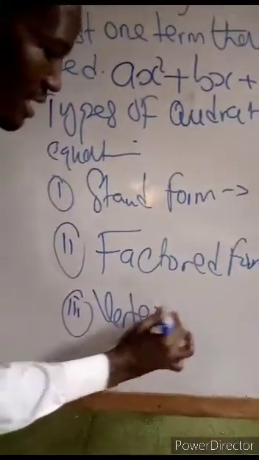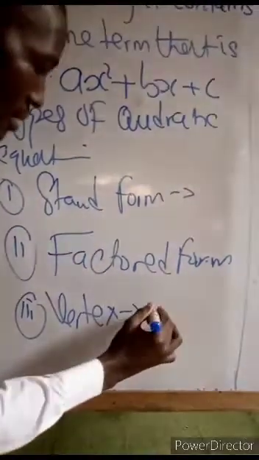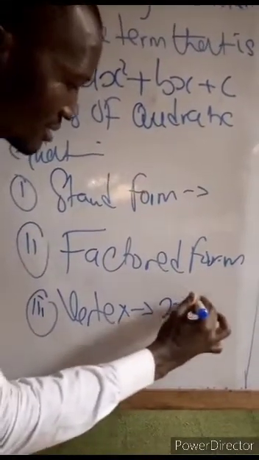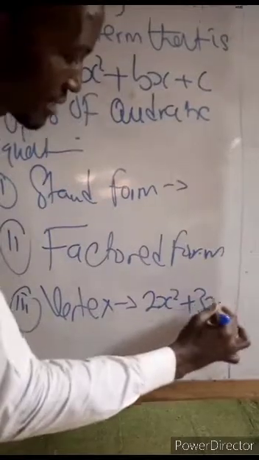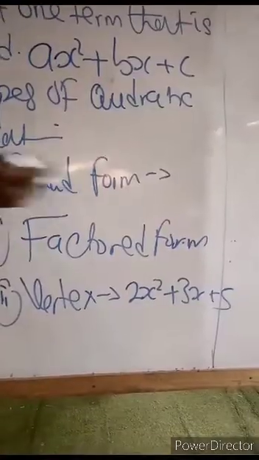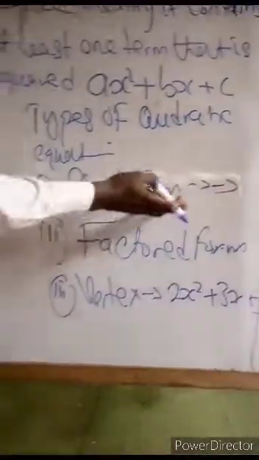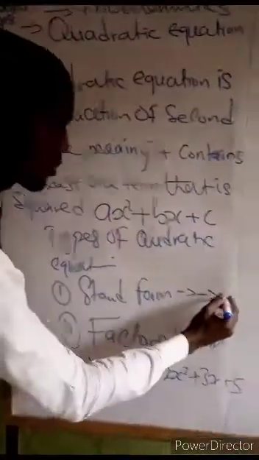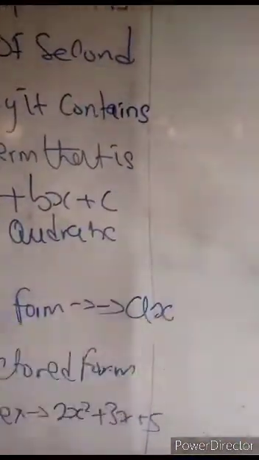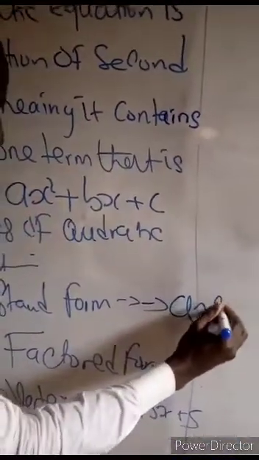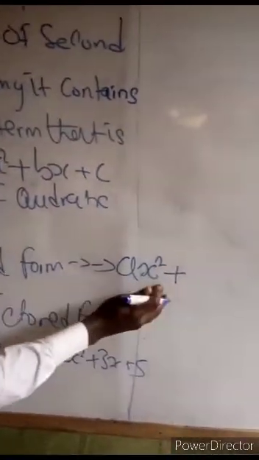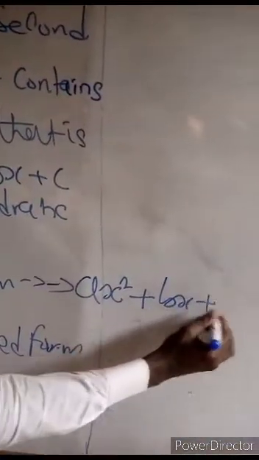Now the vertex here, we have the 2x squared, we have x, and we have plus 5. So under the standard form, to showcase the sample of the standard form, we have a reiteration of the second degree, which is ax squared plus bx plus c.